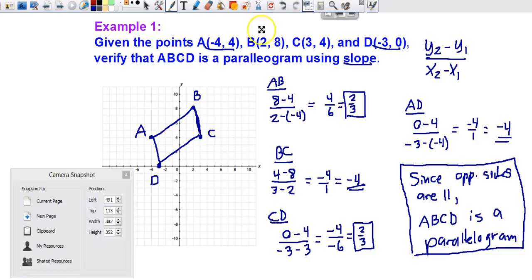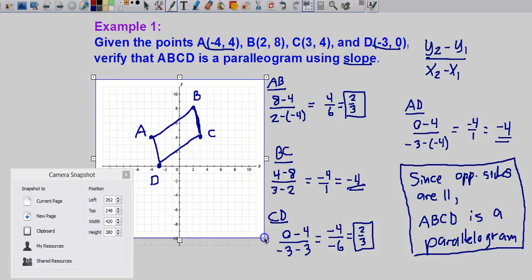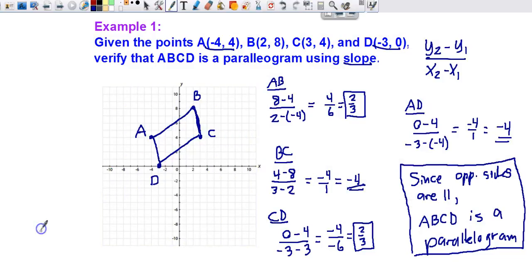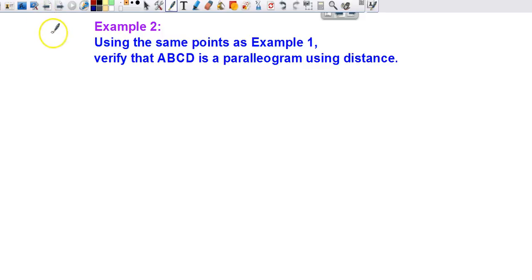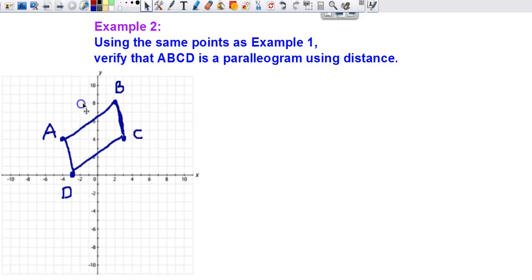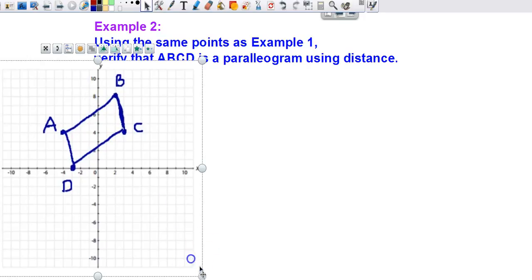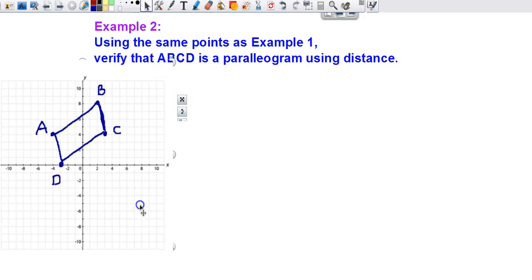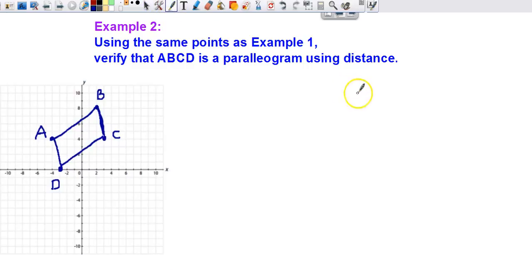All right, let me do the next one. I'll cut that and put it on the next slide so we can make it a little bit easier. In this case, we want to show that ABCD is a parallelogram using distance, which means we're looking for opposite sides to be congruent.